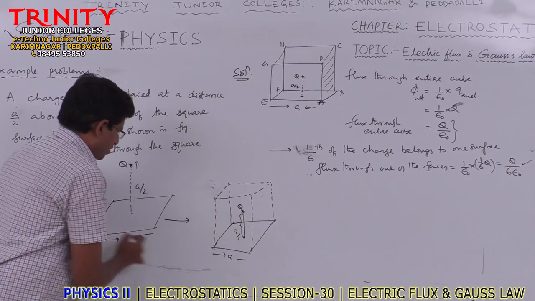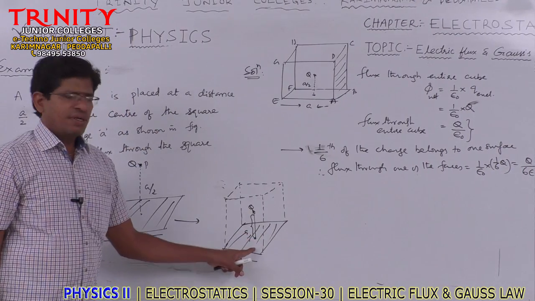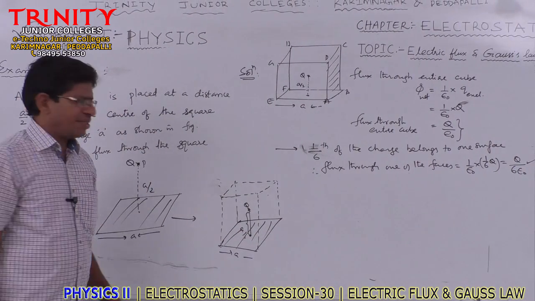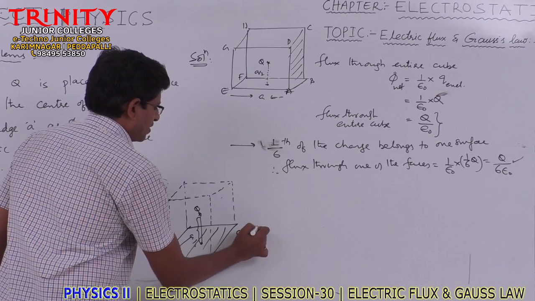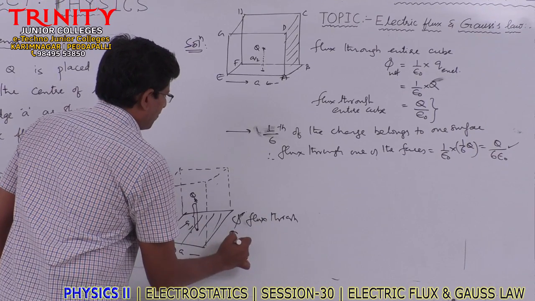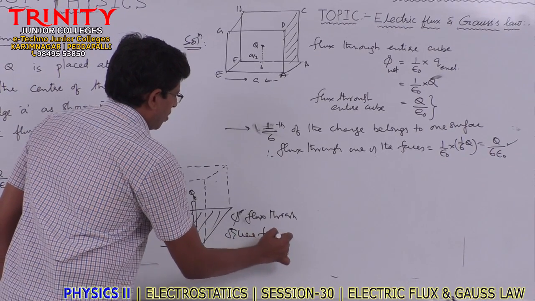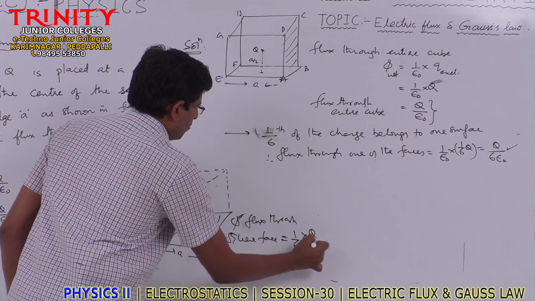Therefore, the flux through this surface, means one of the surface, is nothing but, already I said, 1/6 of the cube belongs to that.